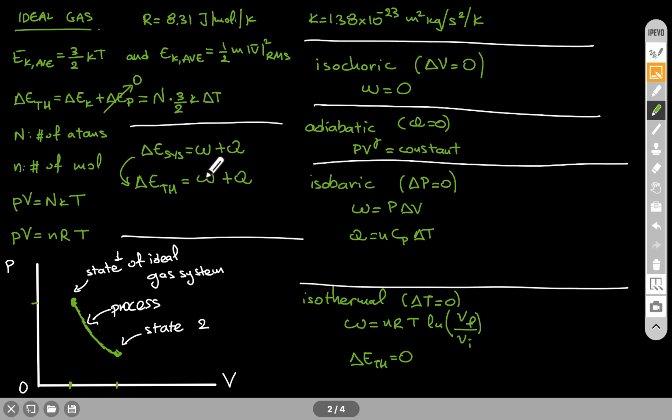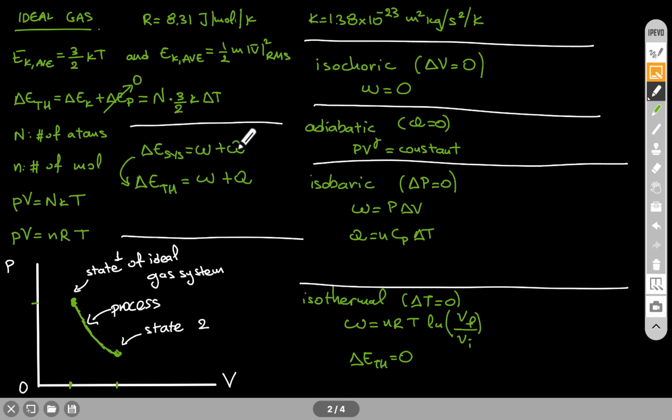Now, I do want to mention one last thing. Here you see W, W, W. All of these are work. These W's are about work, but you have to be careful what work they are talking about. In energy conservation, in this physics principle, the left side is about the system, the right side is about the interactions.